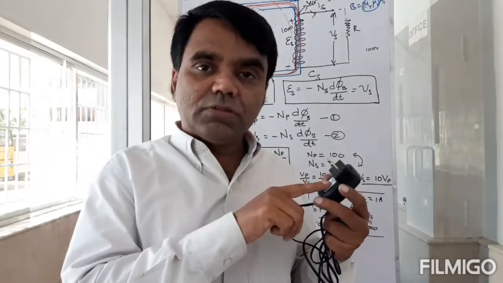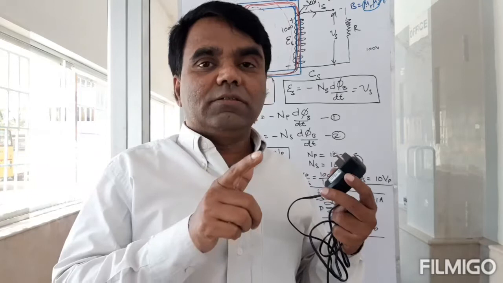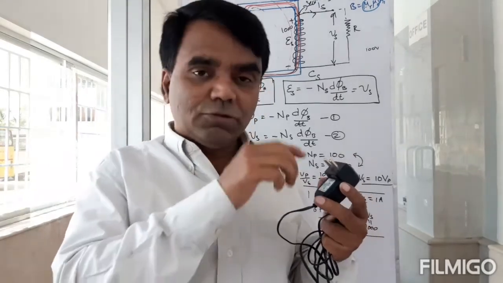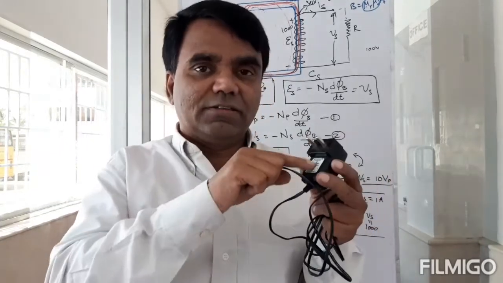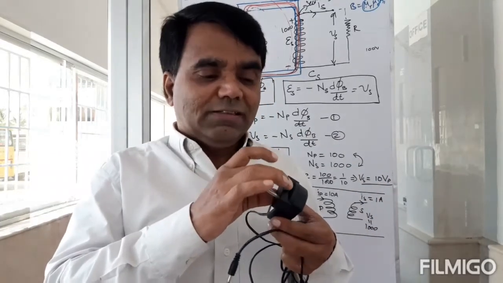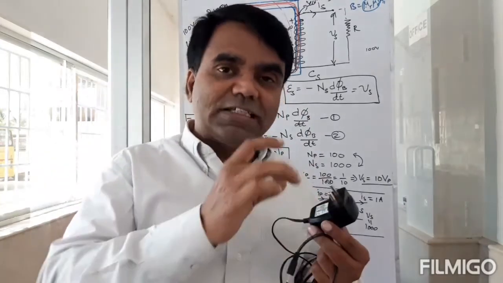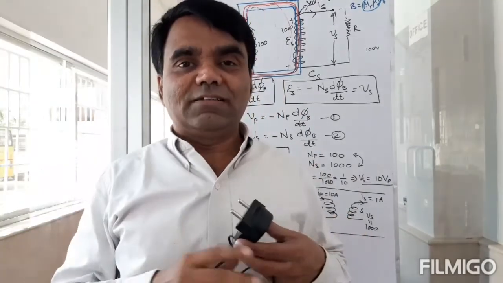So you will have diodes and a capacitor, a filter. That kind of an arrangement will be here inside. So it has two sets. A part is from this lesson, and the other part is from your semiconductor lesson.